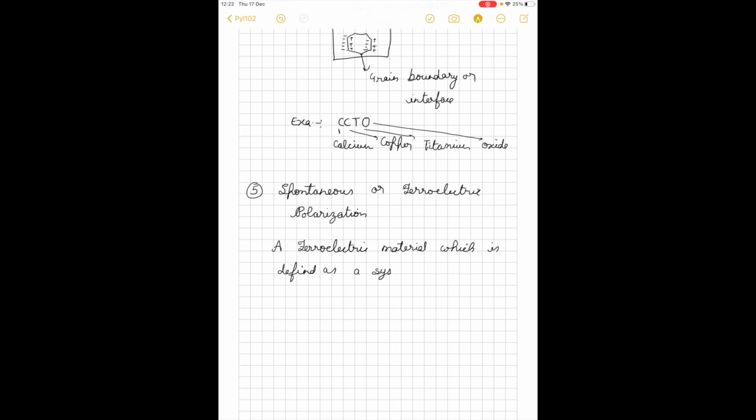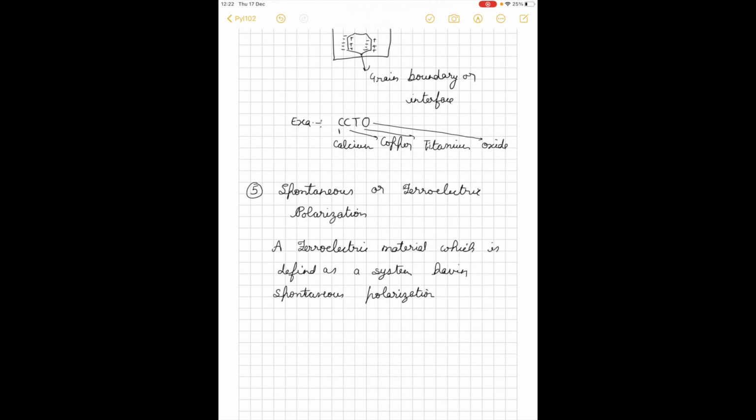a system having a spontaneous polarization. Okay, and this polarization is very large in magnitude also compared to the electronic or the ionic one.